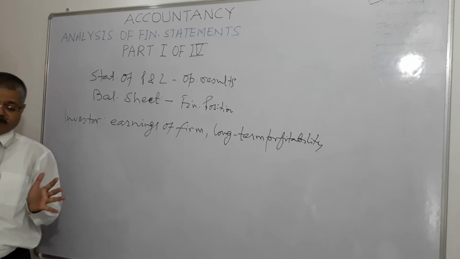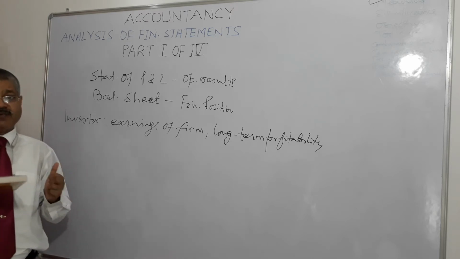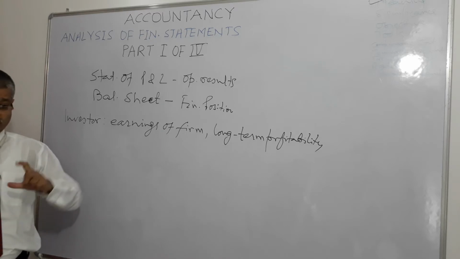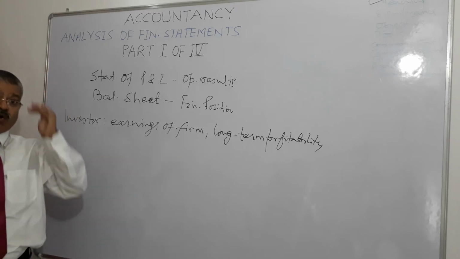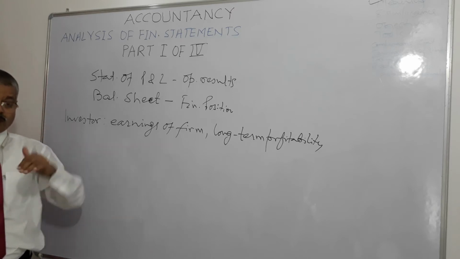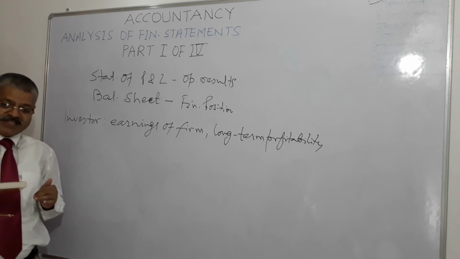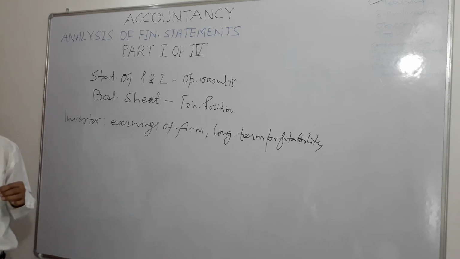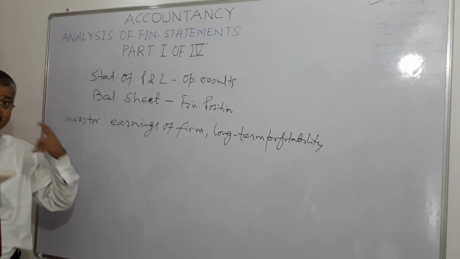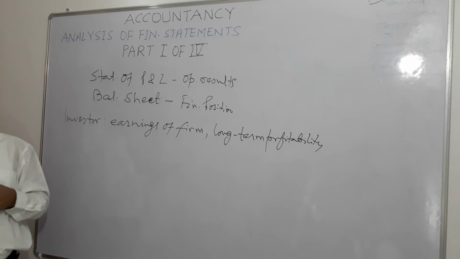It also helps the finance manager in taking a decision about the investment value of the business. He keeps on assessing the investment value of our business, whether it has gone down, come up, or remained the same. And testing of efficiency of operating policies. A finance manager keeps on testing the operating policies from time to time, right?